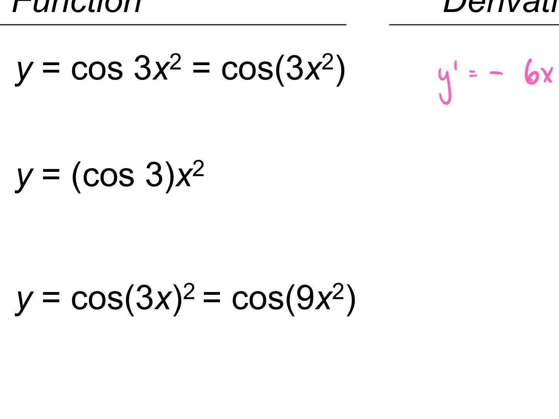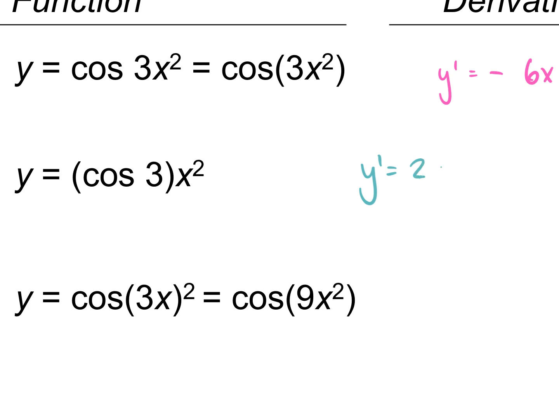Be careful with B. Cosine of 3 does not have an x in it. It's just the 3 that we're taking the cosine of. We're not taking the cosine of x squared as well. That x squared is just being multiplied. So when we take the derivative here, cosine of 3 is just a coefficient. So same derivative rules that we're used to doing. We multiply the exponent times the coefficient.